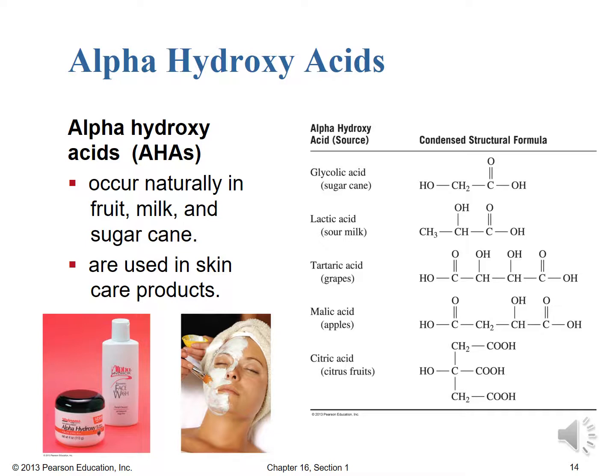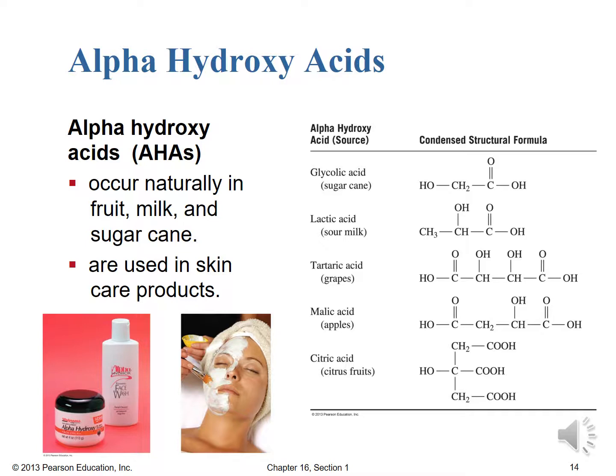And the sources, of course, glycolic acid. We looked at that last chapter on carbohydrates. That's from sugarcane, and so that's glucose that's been oxidized now to the carboxylic acid and has the hydroxyl group on that glycolic acid group there. The lactic acid comes from milk. That's what sours milk, actually. And then the other sources are all plant sources.